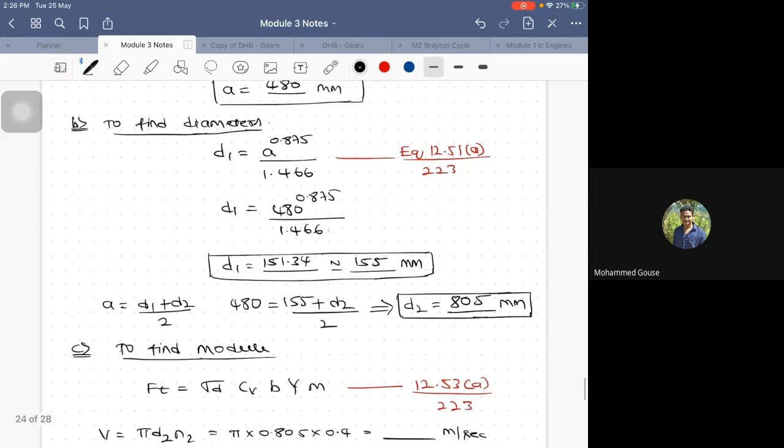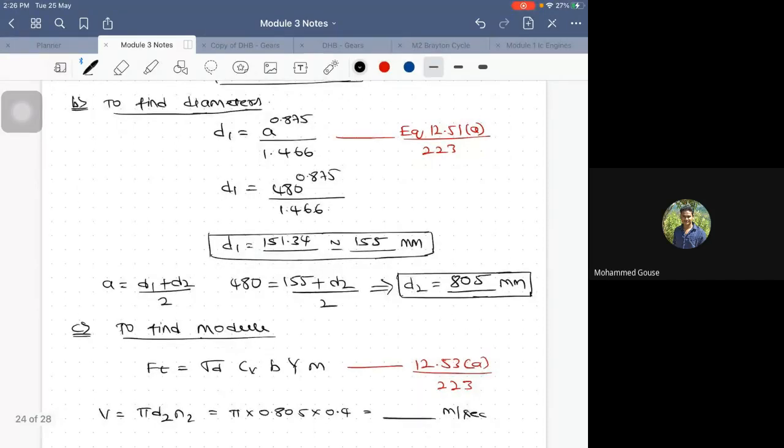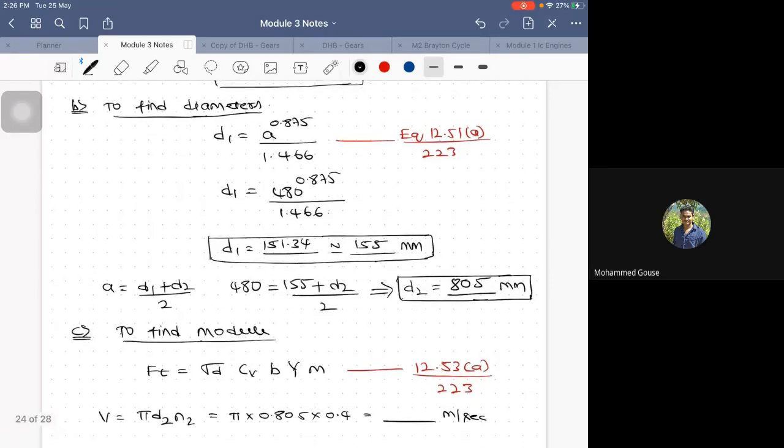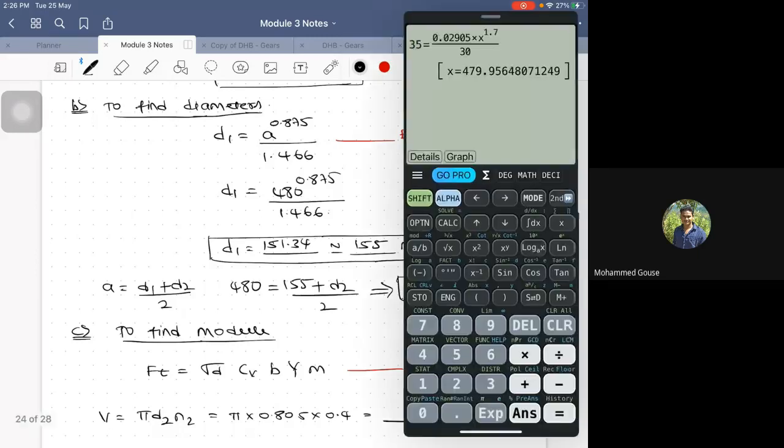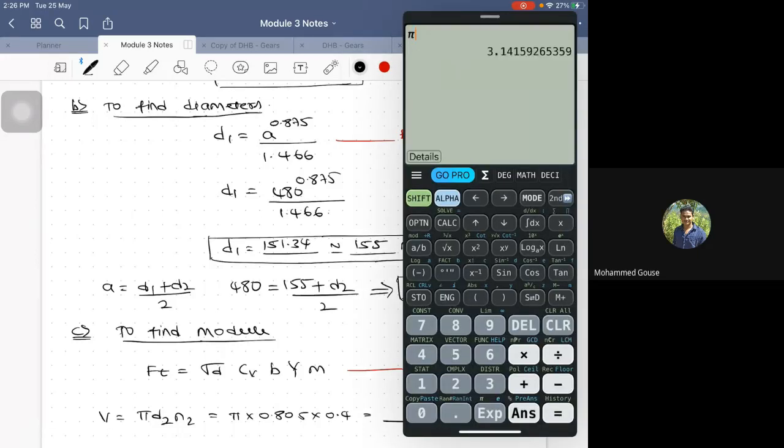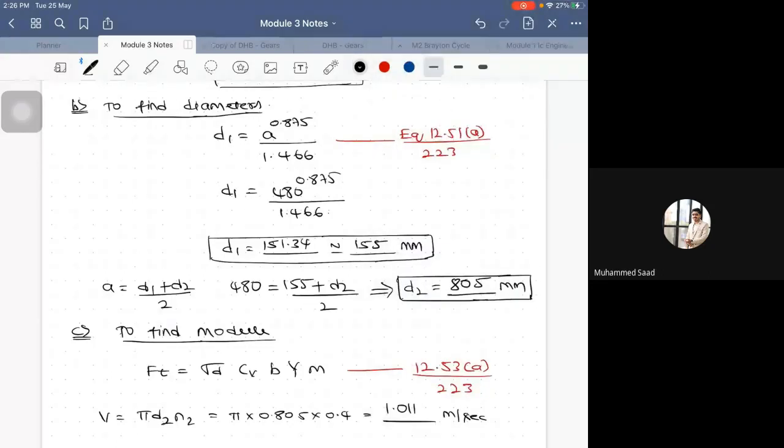Next, go for the V calculation. So V is pi d2 small into N2. Based on V, you have to go for CV, so first calculate V now. It is 1.011.